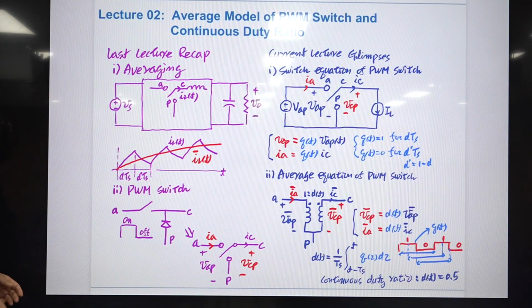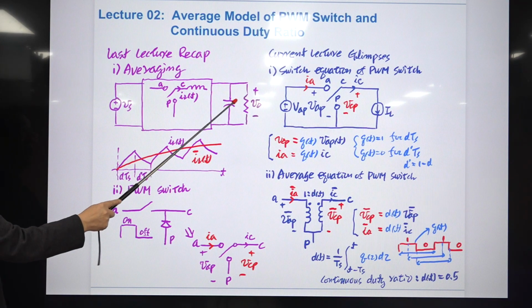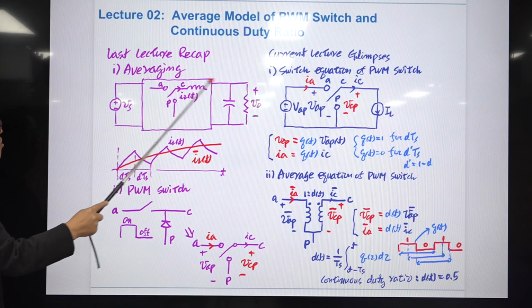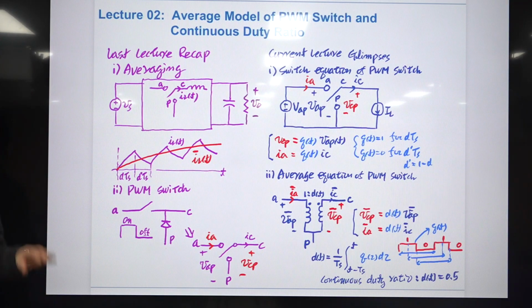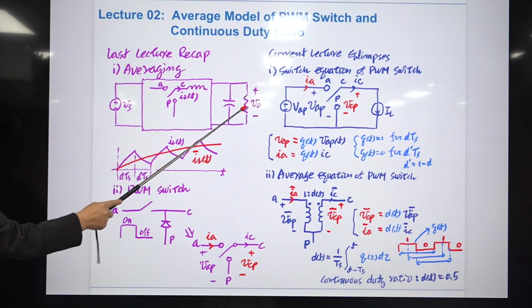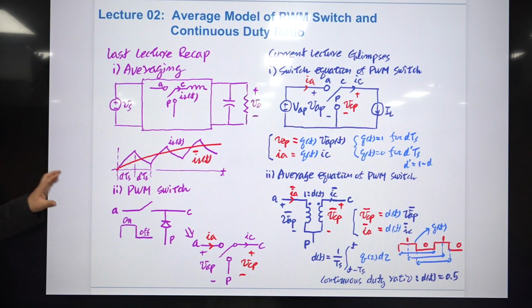So we discussed that this Vs and the capacitor and this resistor and this inductor remain invariant during this averaging process, meaning they stay in their original position with their circuit parameter values.